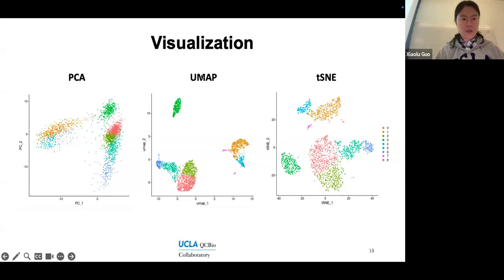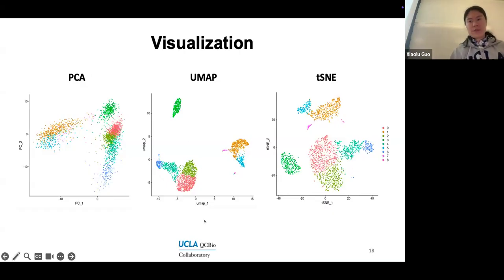On the other side, UMAP distorts this distance from the original space. For example, here we can see this cluster is close to this one and this one. At least this cluster should be closer to the red-pink one than the yellow-green one. However, in this one, we can see this cluster is closer to this one than that one.